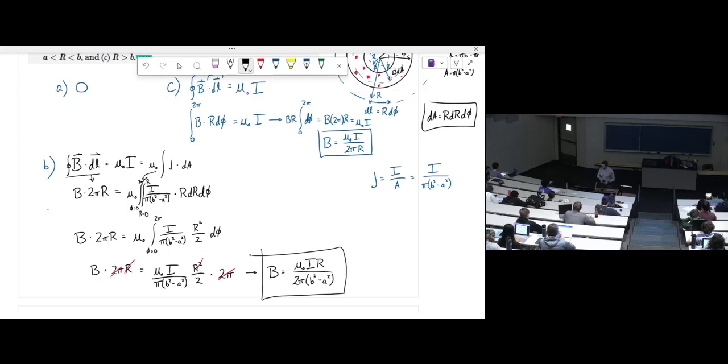Yeah, the difference between answer B and answer C. Yes, so in part B, I'm excluding this region right here, which gives me something different. But specifically, qualitatively, tell me the difference between those two answers right there.